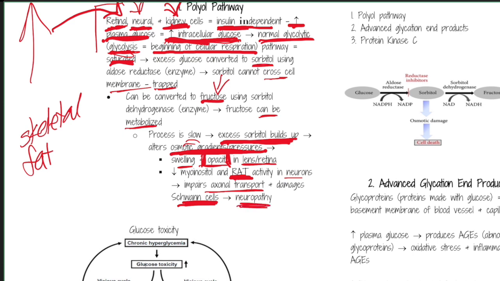And remember that neuropathy, retinopathy, nephropathy, all that means is, remember, pathy is just disease or dysfunction. And so all they're saying is disease or dysfunction of the neuron or neural system, disease or dysfunction of the retina, disease or dysfunction of the kidney.